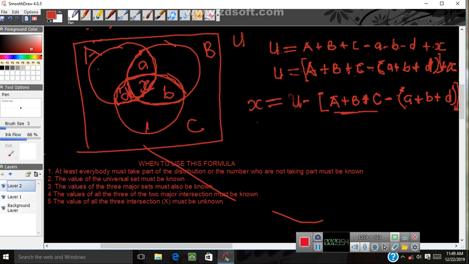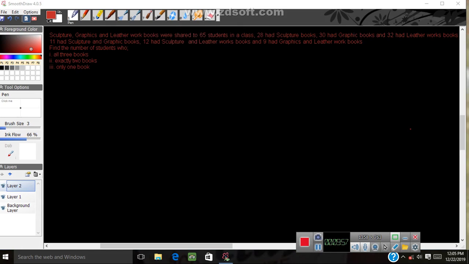Let's say this question. Sculpture, graphics, and leather workbooks were shared for 65 students in a class. Of these, 28 had sculpture books, 30 had graphic books, and 32 had leather workbooks. 11 had sculpture and graphic books, 12 had sculpture and leather workbooks, and 9 had graphics and leather workbooks.